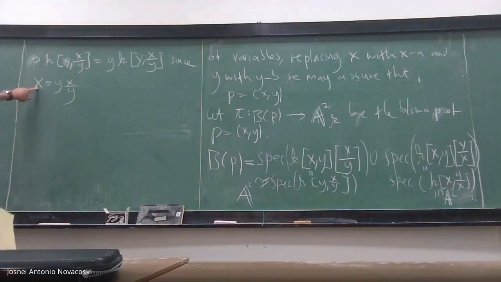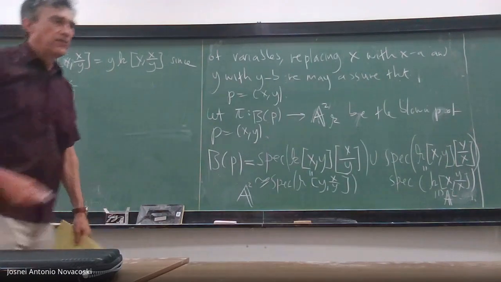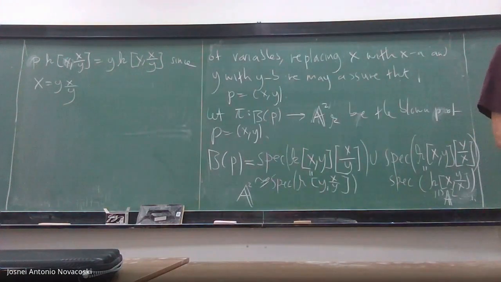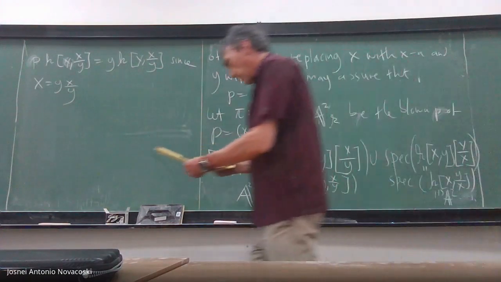So the ideal (x,y), you can throw away x because it's already a multiple of y. So it becomes principal. And in fact, that's what blowing up an ideal does. It makes it a locally principal ideal. That's what's accomplished.